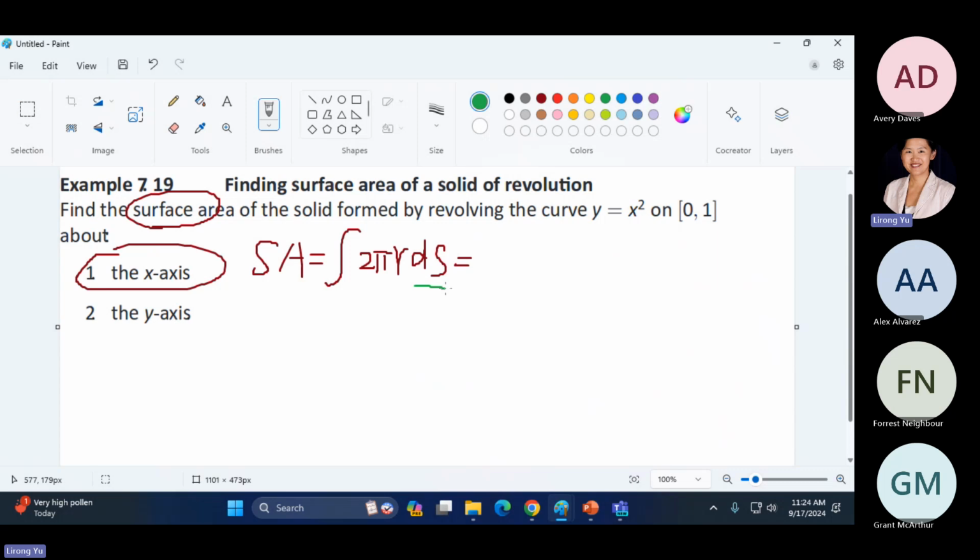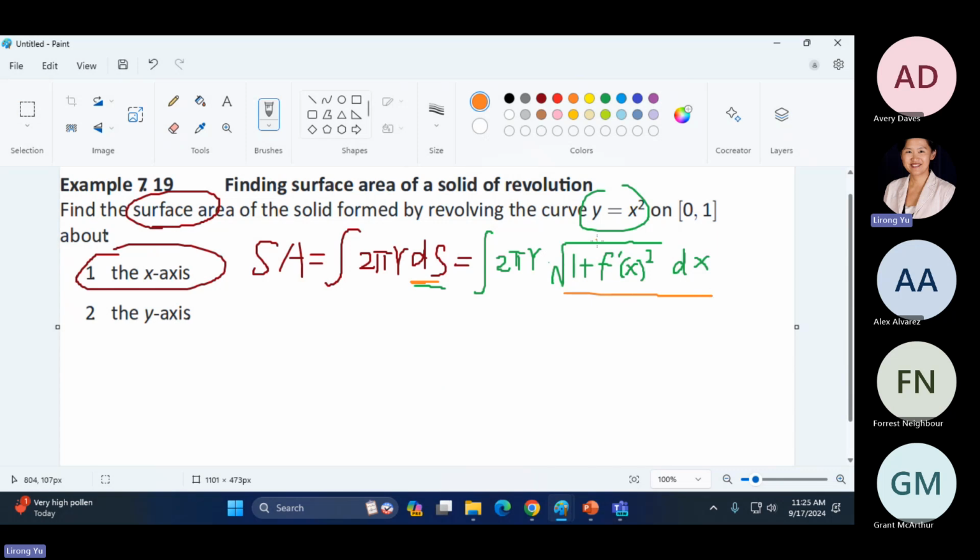So the calculation would look like 2 pi r, and ds is the square root of 1 plus f prime, the derivative of the function, squared, and then dx. That's how we expand the differential for the arc length variable.